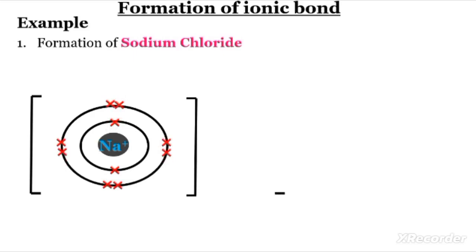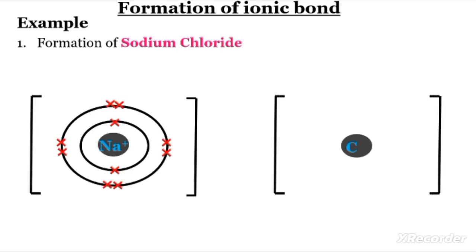So like I said, elements form ions to gain stability. We can see that this cation has 8 electrons in the outermost shell. Therefore, sodium has become stable. Let us also demonstrate the stability of chlorine.